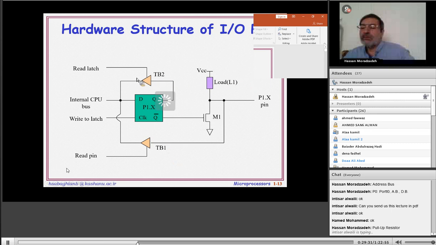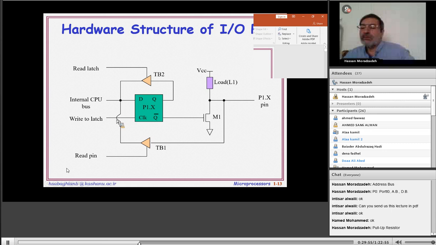Some description for the work of this pin that you can read after you get the file. I passed over these items. Oh, here. These are pull-up resistors, okay?